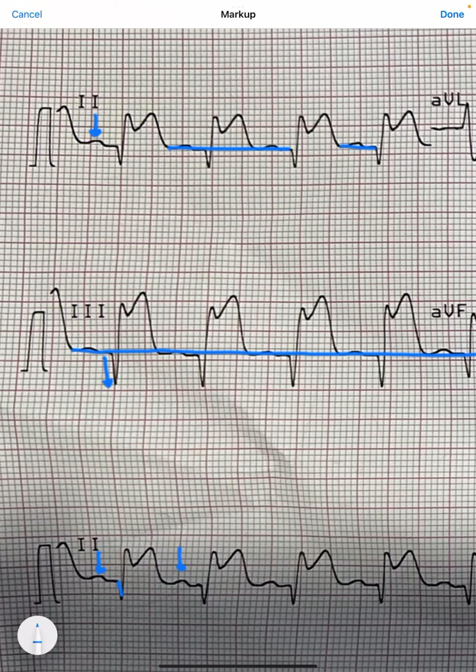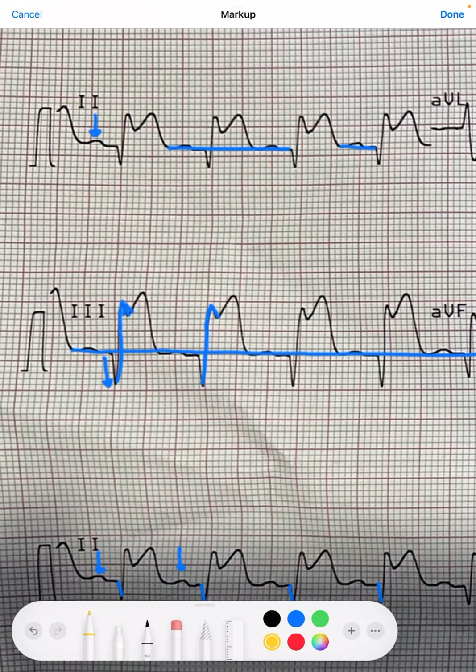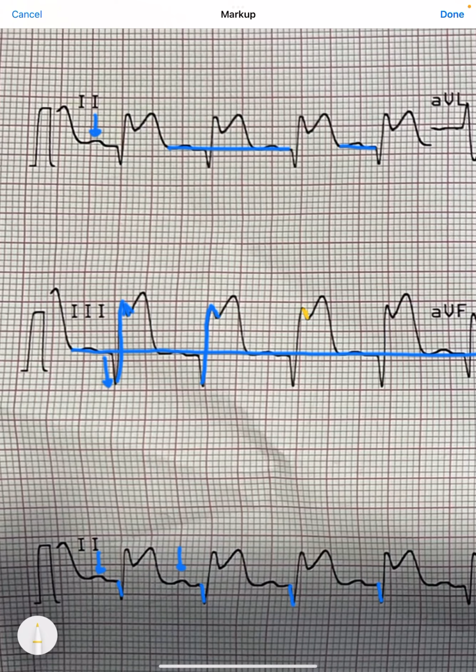So this is Q, this is Q, this is Q, this is Q. Then the first positive wave after P is R. So this is R, this is R. And the second negative wave after P wave is S. This was the beginning of S wave. So in short, this is S wave.